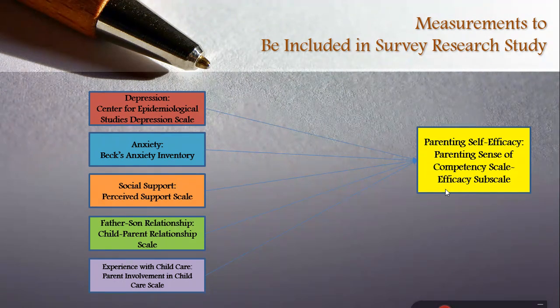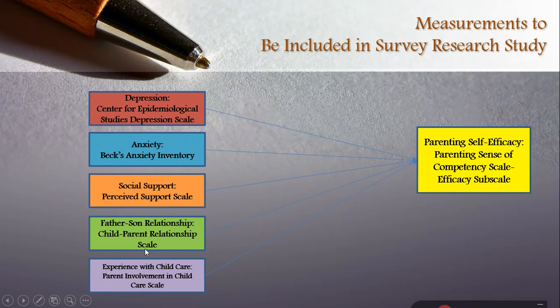So I've listed here some potential survey or measurement tools that we could utilize to capture each of our variables. So for depression, I selected the Center for Epidemiologic Studies Depression Scale. For anxiety, I selected the Beck's Anxiety Inventory. For social support, I selected the Perceived Social Support Scale.